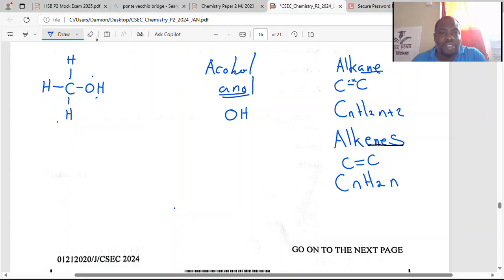Now, there are 2 ways that sometimes we represent the molecular formula. One way is to treat the OH group separate. So we have C, 3 H's.